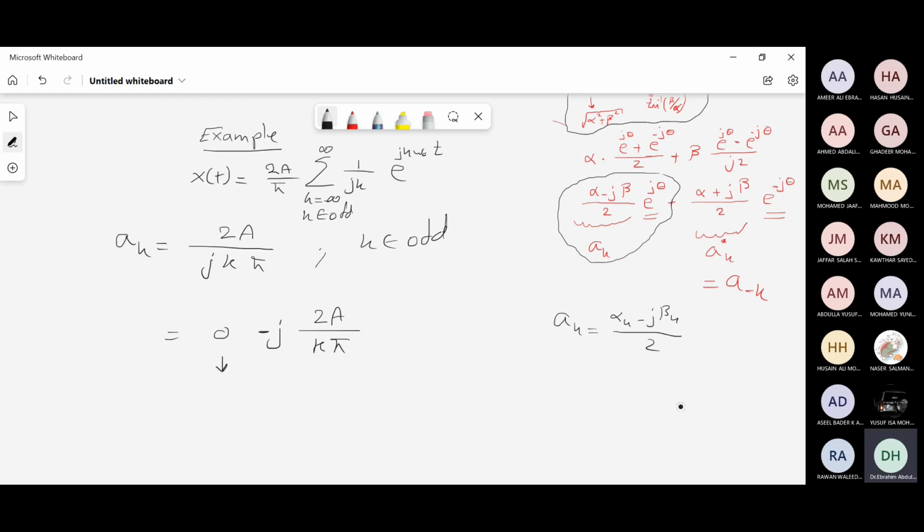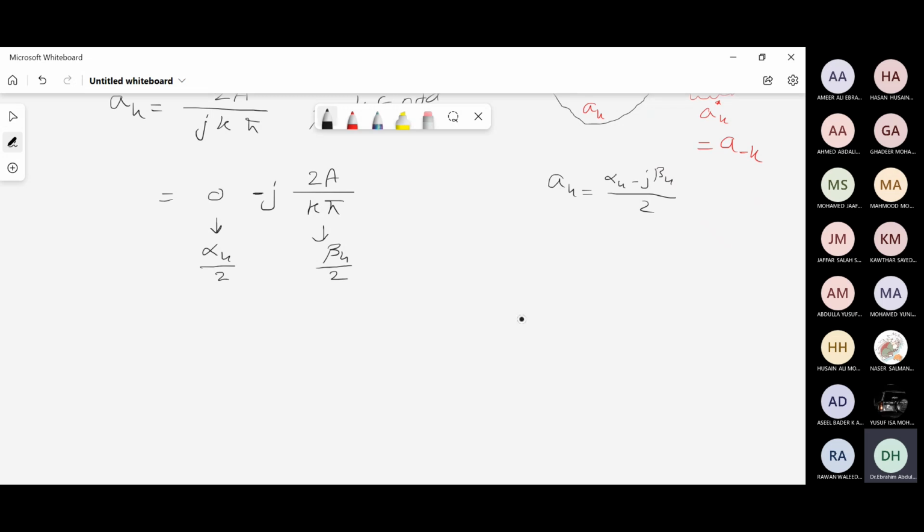It means that alpha k divided by 2 is equal to 0, and minus j beta k divided by 2 equals this one. So alpha k equal to 0, and beta k equal to 4a divided by k pi.